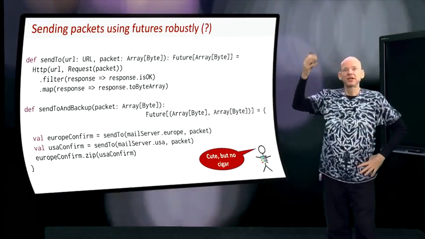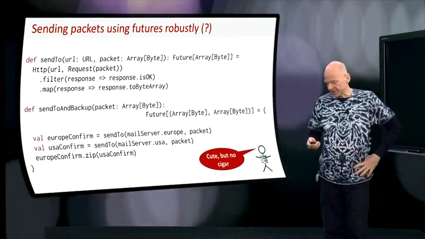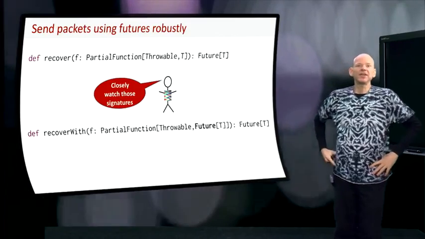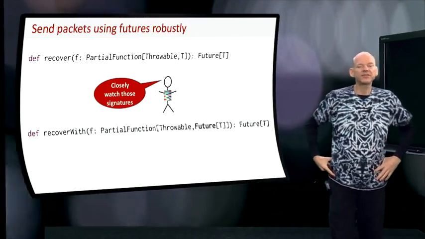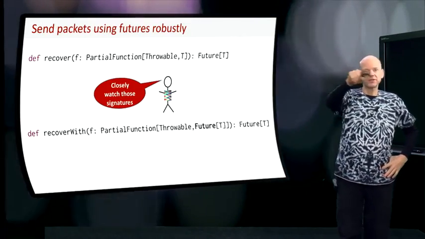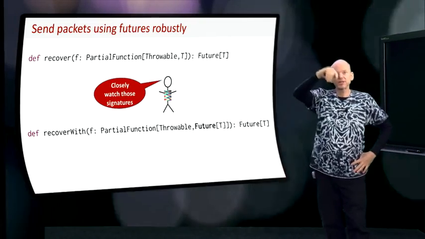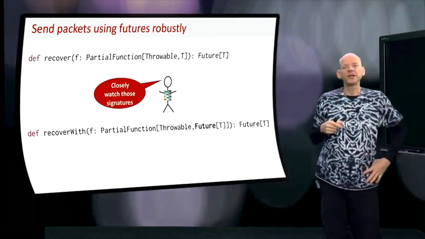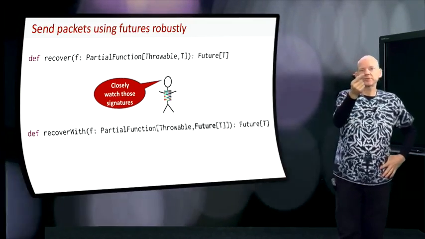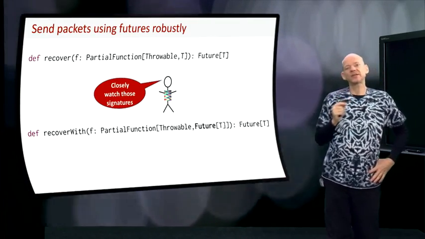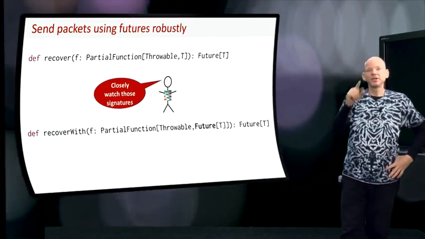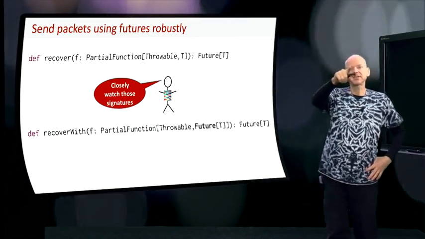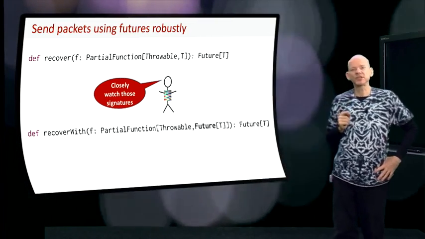So, all right, this is not very resilient. But there were these 2 functions, well, the one that I showed you, but there's another one: recoverWith and recover. You can see that recoverWith looks a little bit like flatMap, because it takes a function that takes an exception and returns a future.